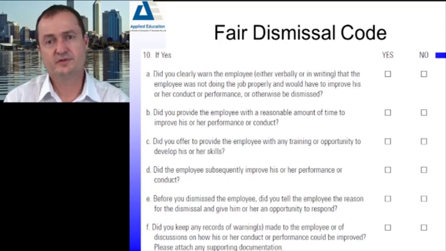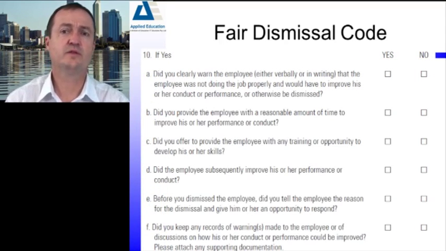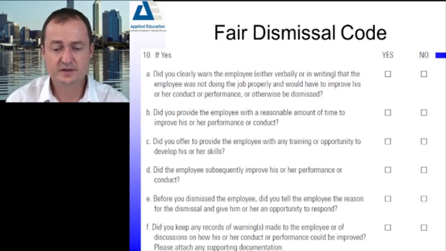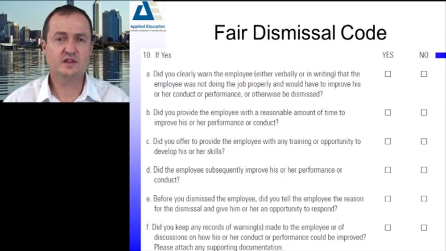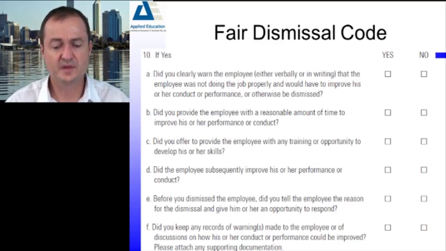Where it's perhaps the most difficult is where the reason for termination is unsatisfactory conduct, unsatisfactory performance, or capacity to do the job. In this section here, the key is the fairness to your employee.